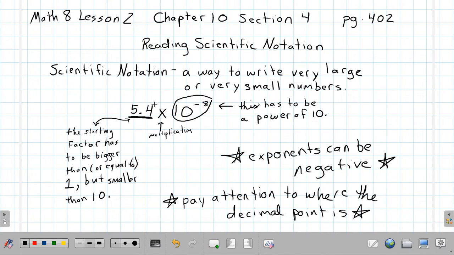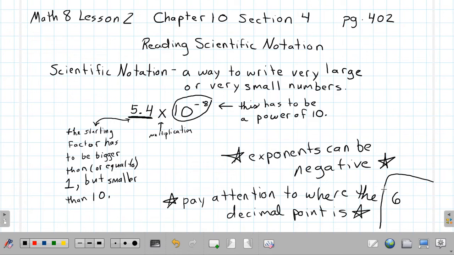So, for example, in the number 5.4, you can clearly see the decimal point is in between the 5 and the 4, 5.4. But just for a little example, what if we had the number 6? Some of you might already know this, but just as a refresher so everybody's on the same page, we could have 6 times 10 to the negative 8. Well, where's the decimal place on 6?